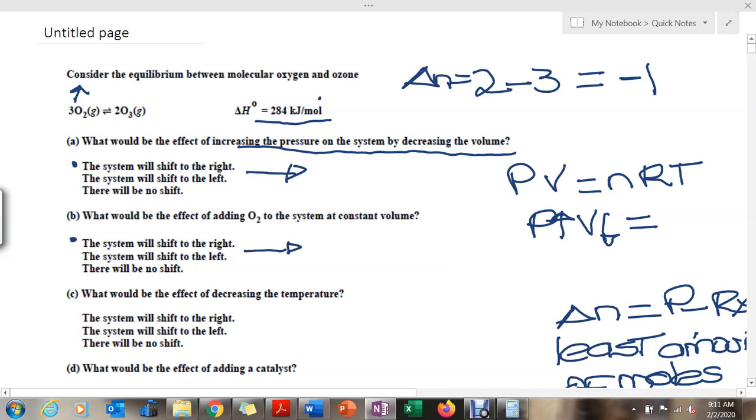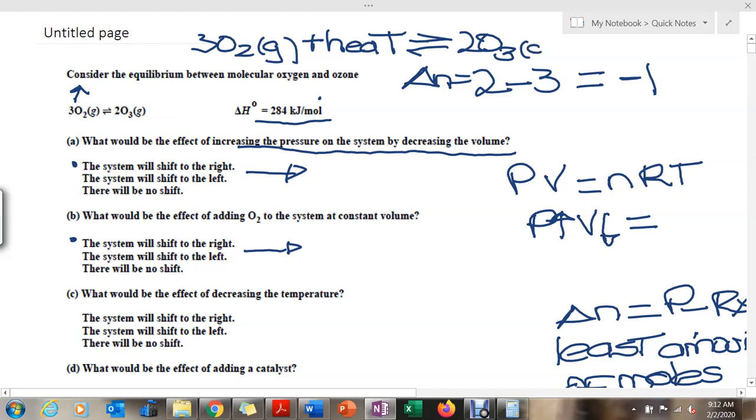Let me write it down in a different way: plus heat, endo in this direction, 2O3 gas.